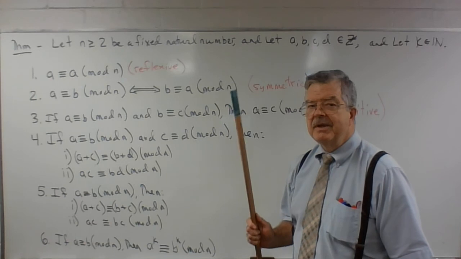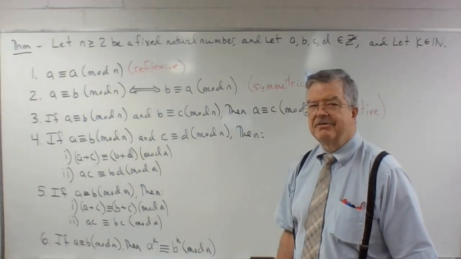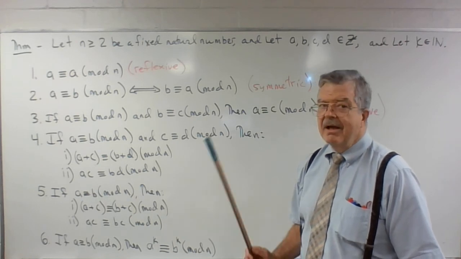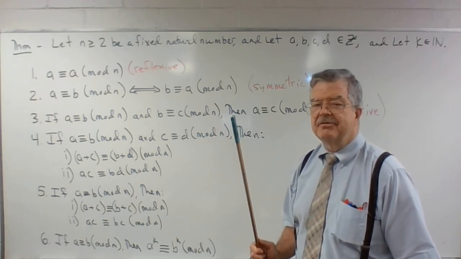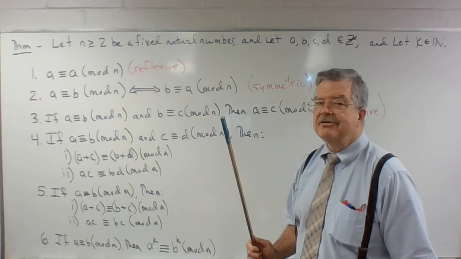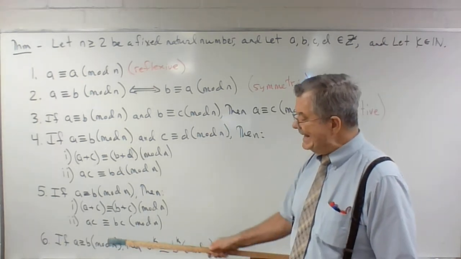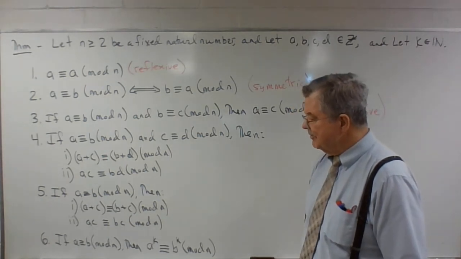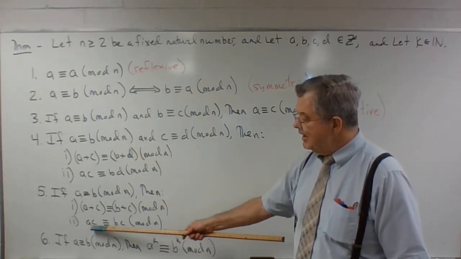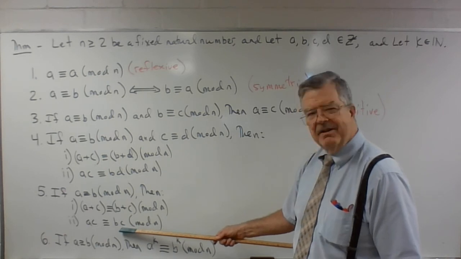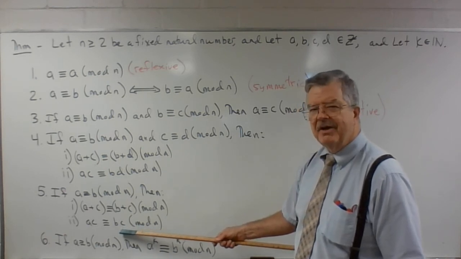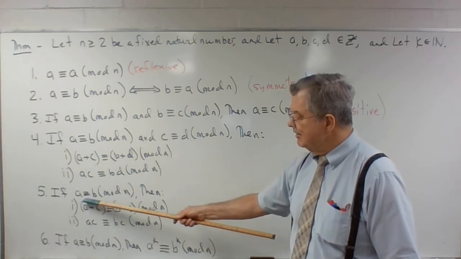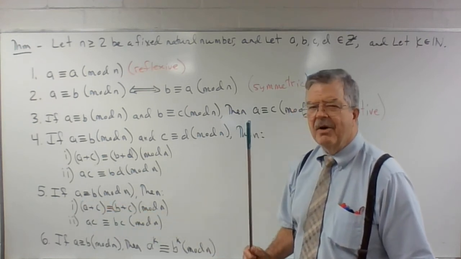But that doesn't mean we can divide both sides of a congruence by the same integer. There are specific circumstances where we can and specific circumstances where we can't divide both sides of a congruence by the same number. So if we start out with AC congruent to BC, that doesn't mean that we can cancel both sides, divide the C on both sides and come up with A congruent to B. That doesn't always work.